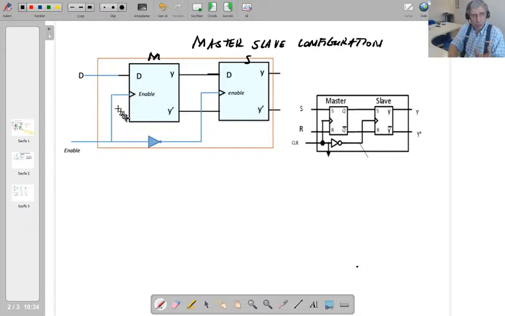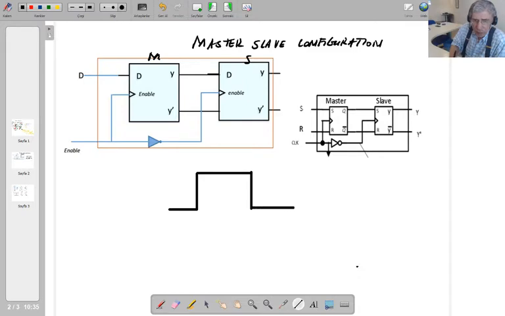We are going to show now how it works on the edge of the clock pulse. Let me draw that clock pulse once again.